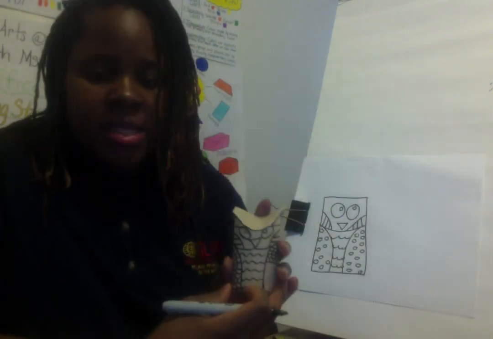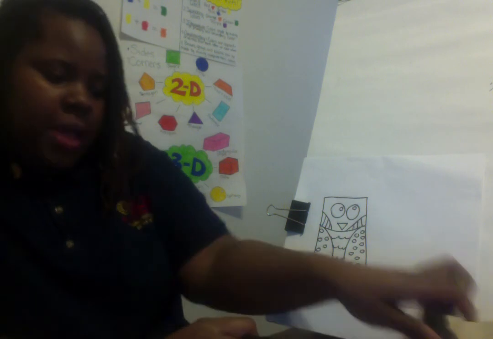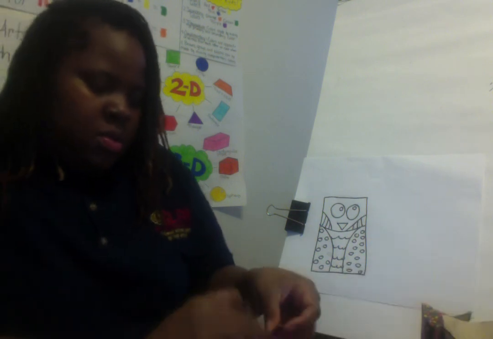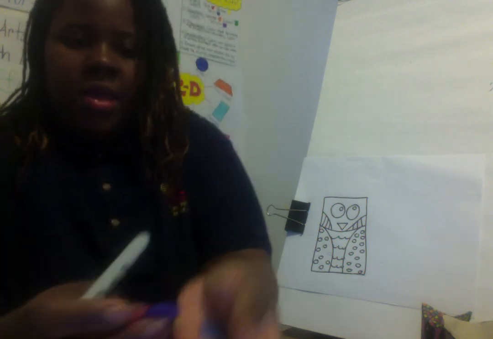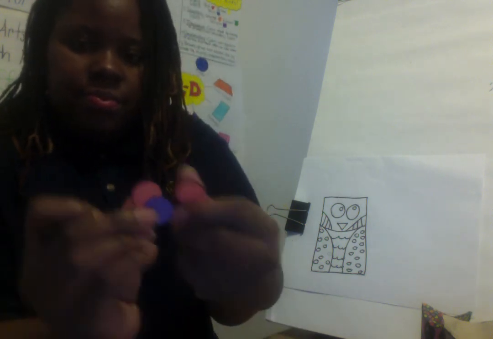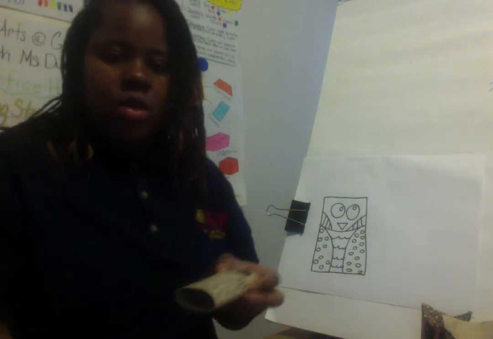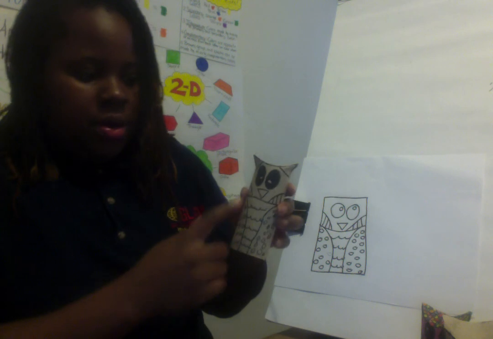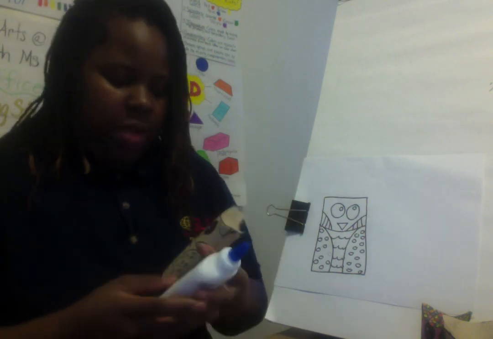If you want to take this a step further, you can use construction paper, trace some pennies, and then cut them out into little circles and glue them onto your paper towel toilet tissue roll, if I were to do it that way.